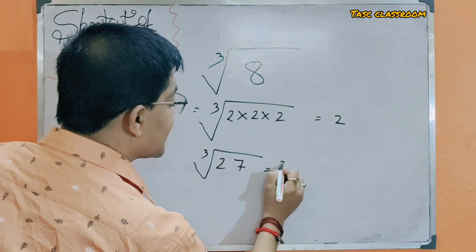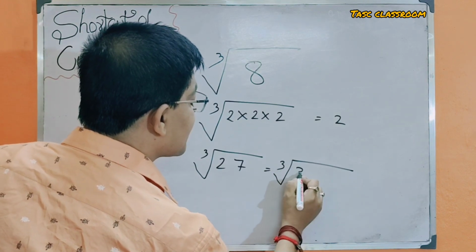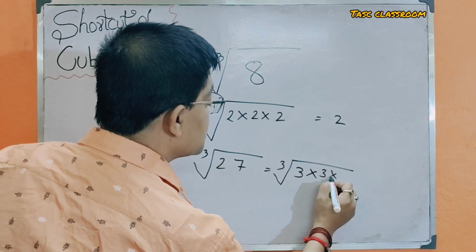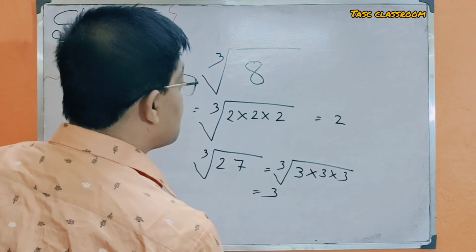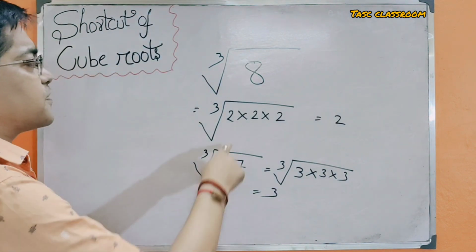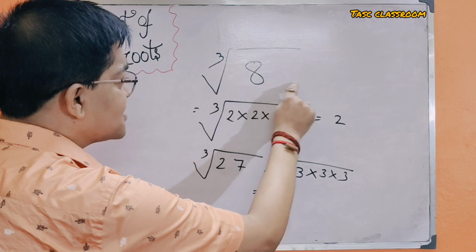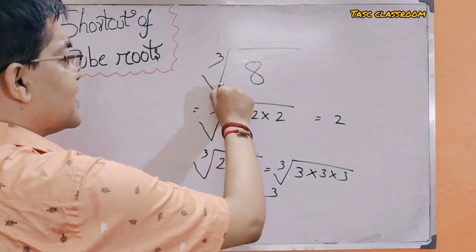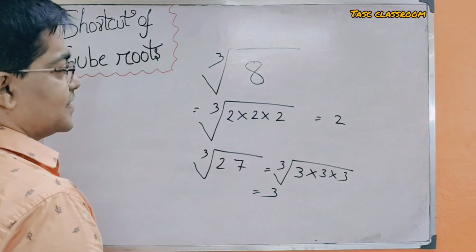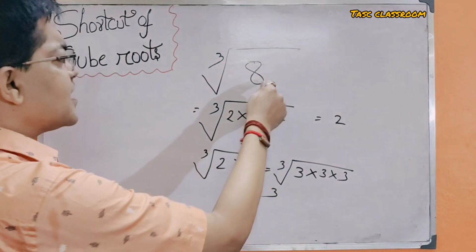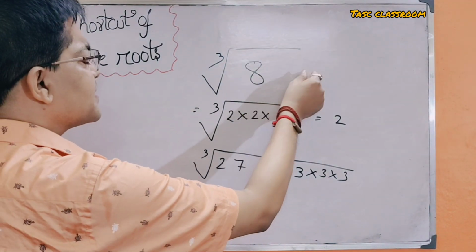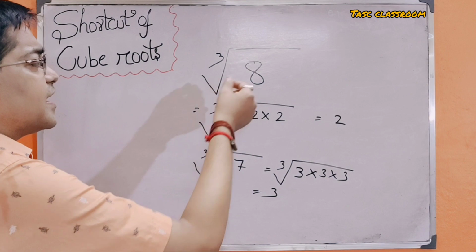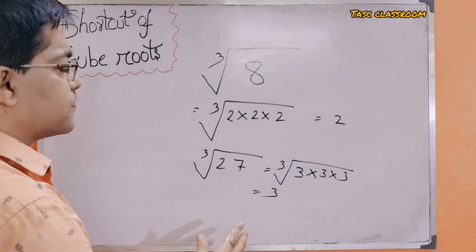You can easily say that it is 3, since 3 into 3 into 3 is 27. But friends, if there is a very large number, then it is quite difficult to determine the cube root in a small time.